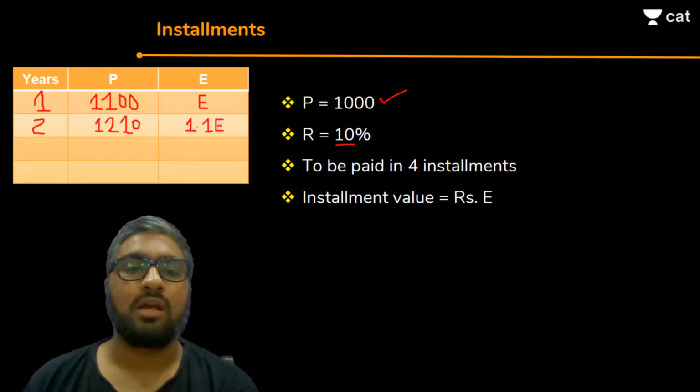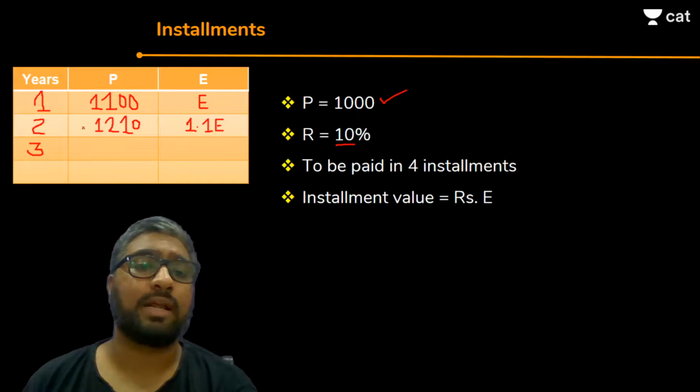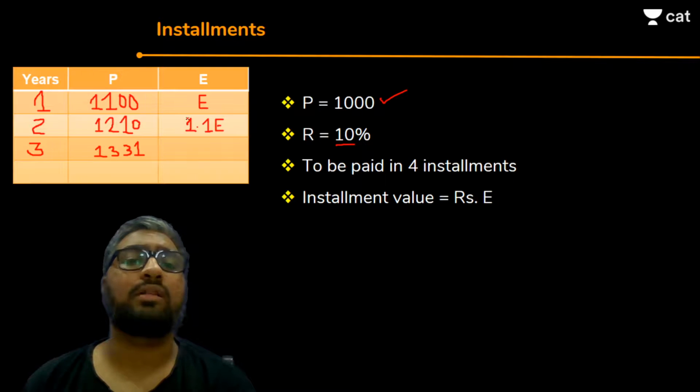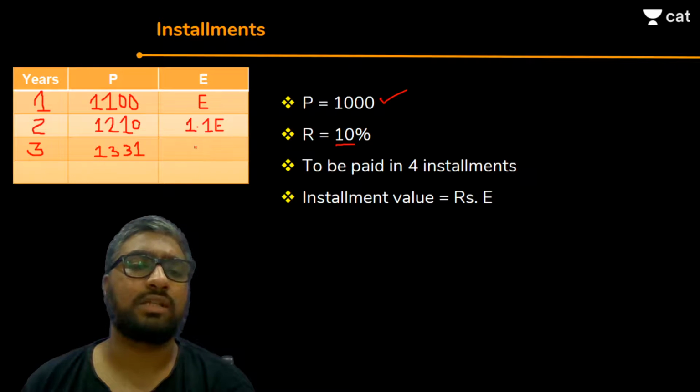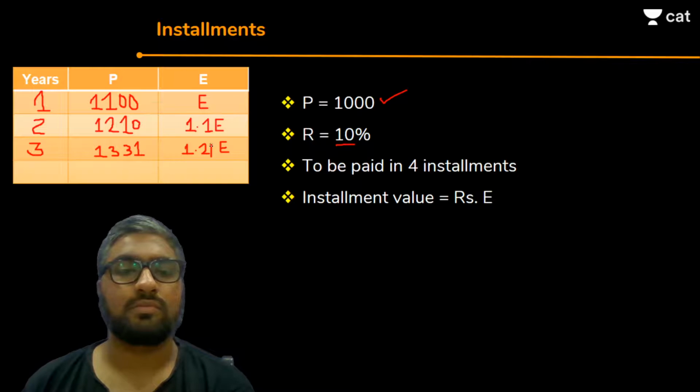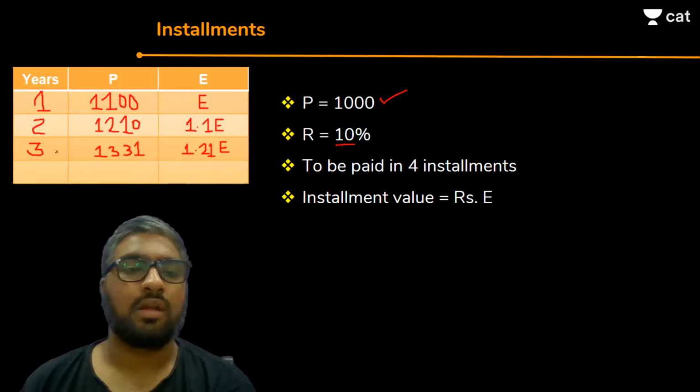How about the third year? Another 10% applied on the amount. So that would be what? 1,331. Correct? And how about the installment? How much should you now owe me? 1.21 E. Correct? How about the fourth year?